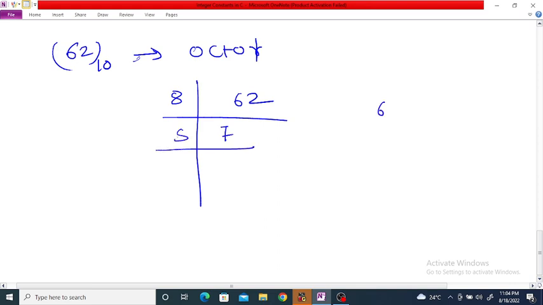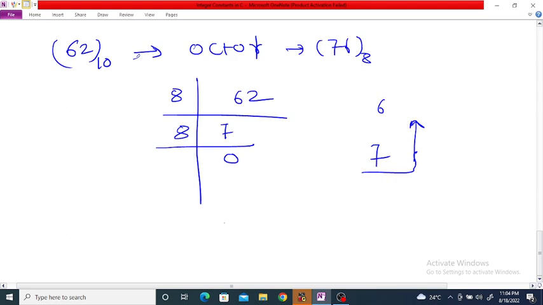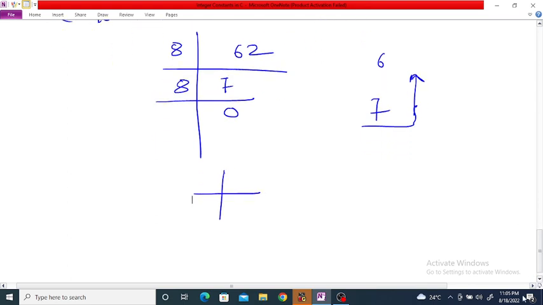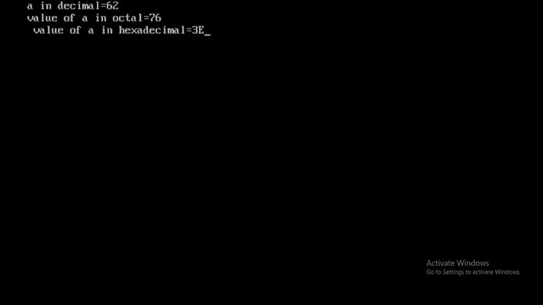Then again if we divide by 8, the quotient is 0 and the remainder is 7, so we write it in this direction. The octal representation is 76 in octal. Here you can also check, in octal we get the answer 76.